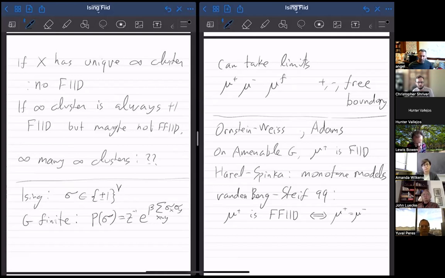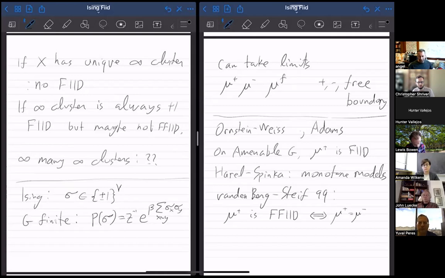Things are also very interesting in the case of trees. With these results, possibly except for the critical case, we know what happens on amenable graphs.